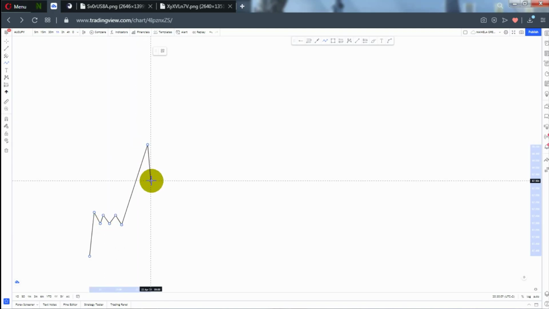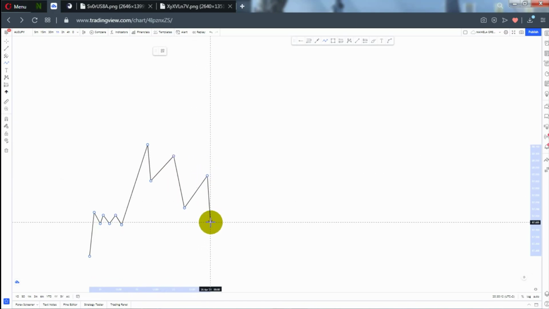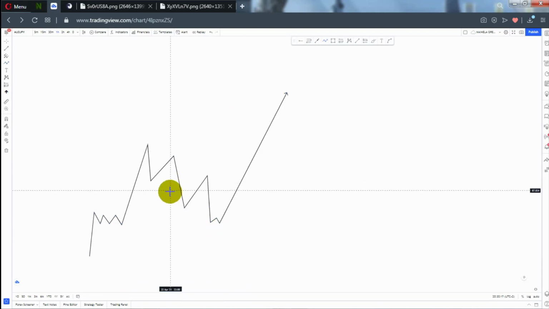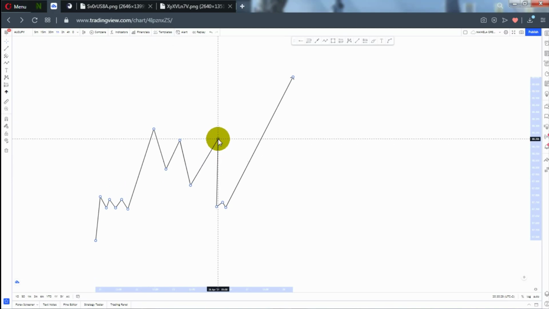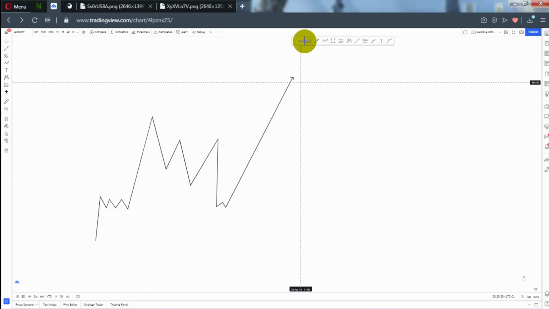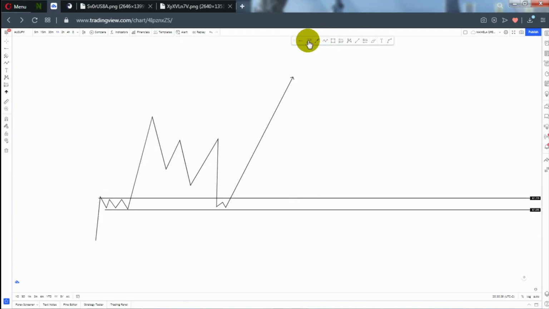In this case, you will have this. Let's make it like this. They won't always be this perfect, but you get the idea of what I'm talking about. So you mark the same thing, you mark your base, which is the consolidation point. Then from there, you connect these two lines here, like this.